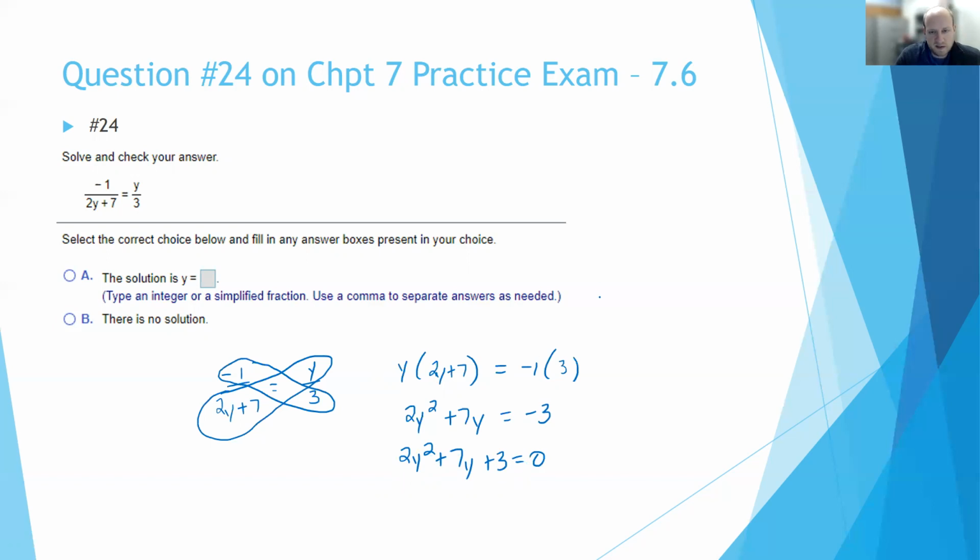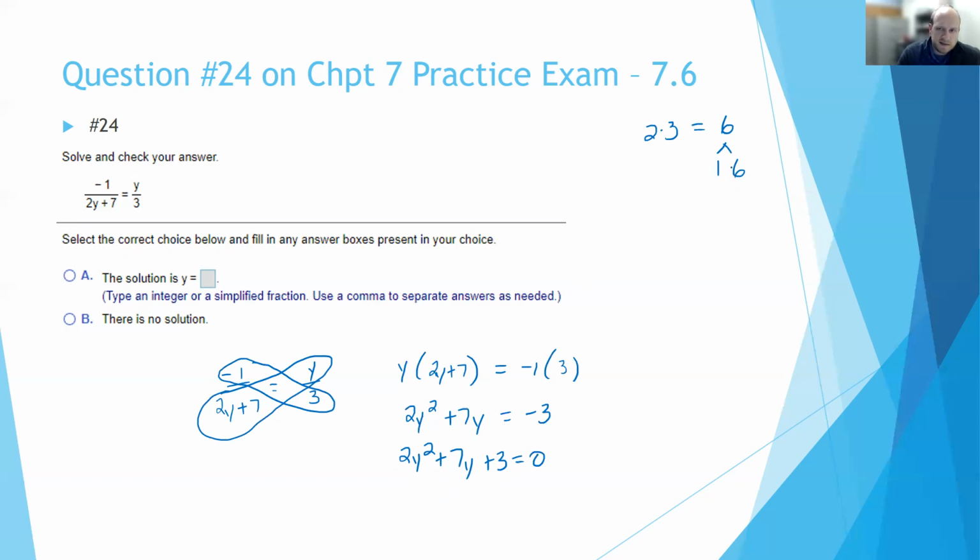But I think this is factorable because I know that 2 times 3 is equal to 6, and I do have factors of 6 that add to this middle term of 7, and that's 1 and 6. So at this point, if you know this is factorable, you could guess and check. I'm not going to tell you that you can't guess and check, or you can just go through the entire process like we did way back in chapter 6.